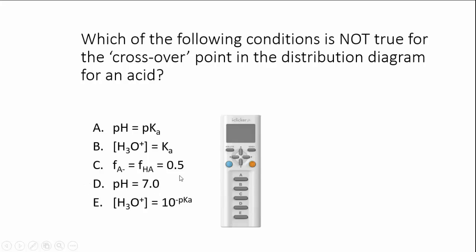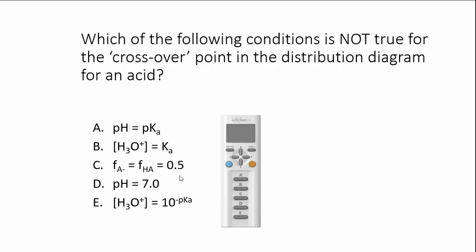A lot of people tend to, without really thinking about this, say, oh, acid and base concentrations are equal when pH is equal to 7. But that's not true. Think about this carefully. We're not talking about concentrations of hydronium and hydroxide ions being equal. We're talking about the distribution of a weak acid between its protonated and deprotonated forms.